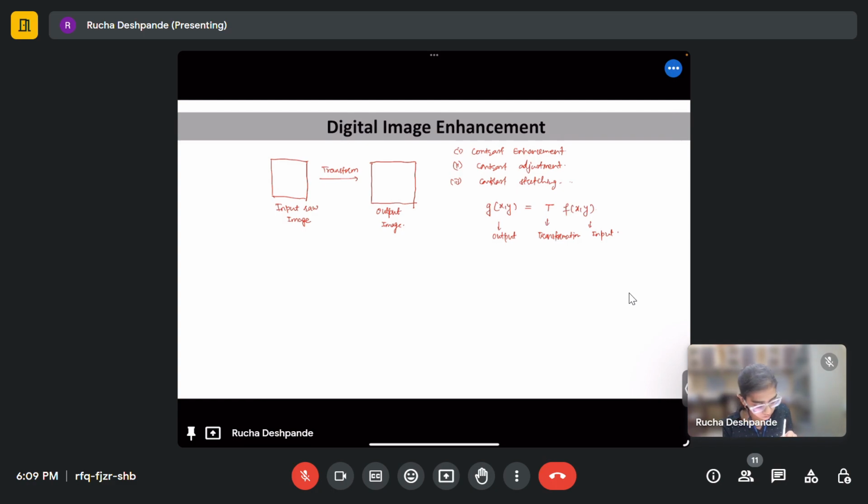This was explained in the lectures also, that this transformation can be global, local, or point.